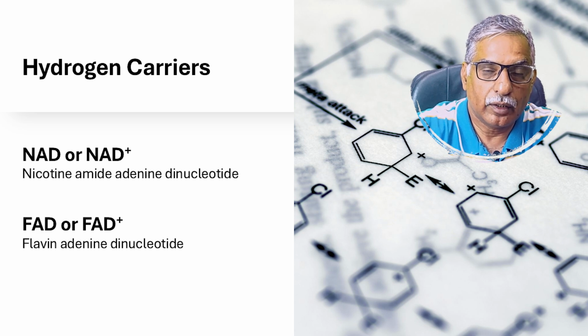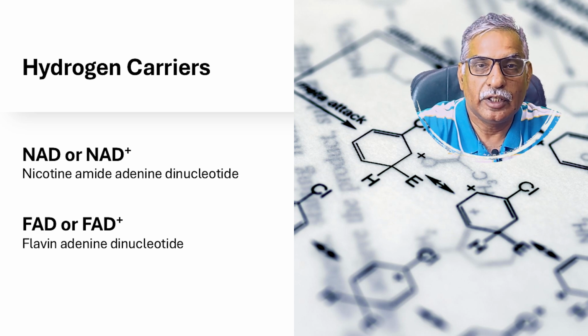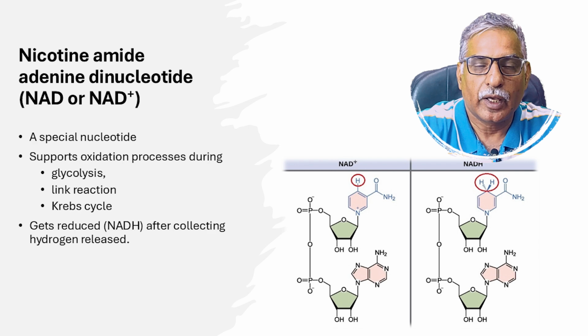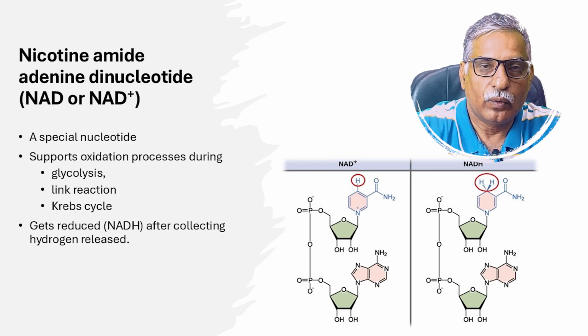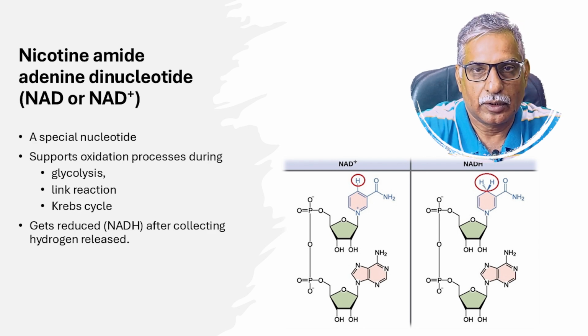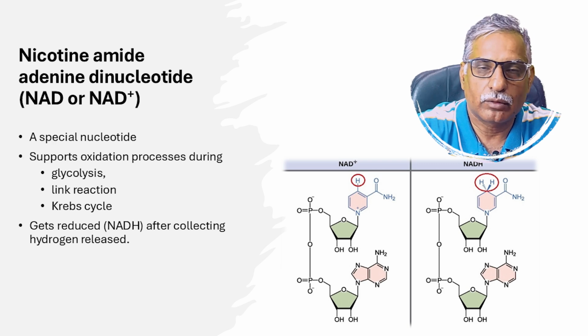They are also very important because these reduced NAD and reduced FAD molecules, when they are oxidized at the electron transport chain on the cristae of mitochondria, release electrons and protons.